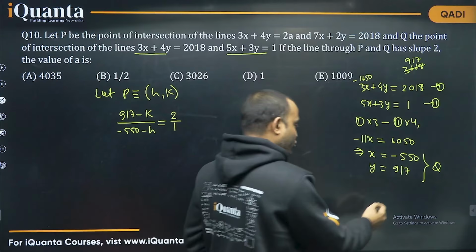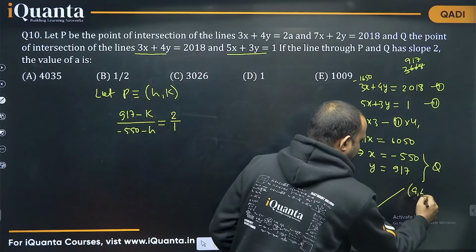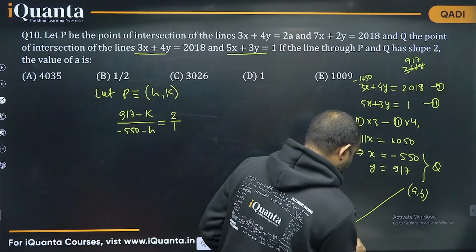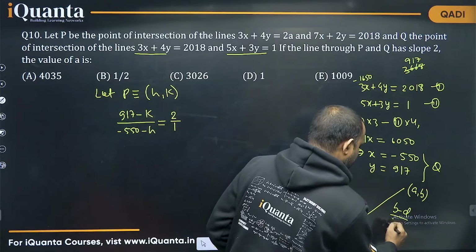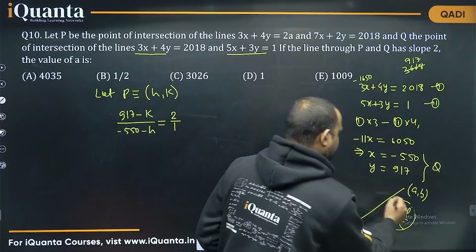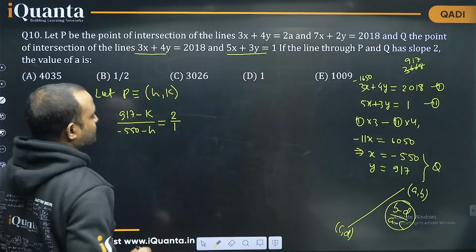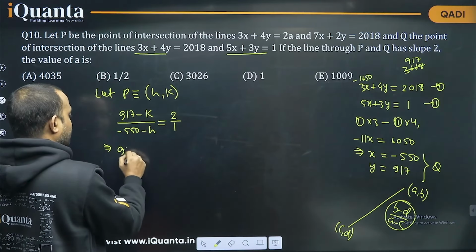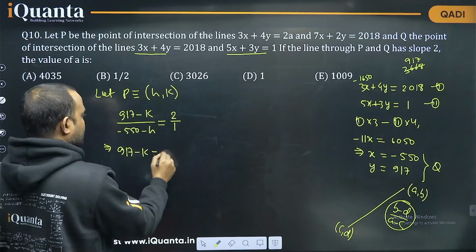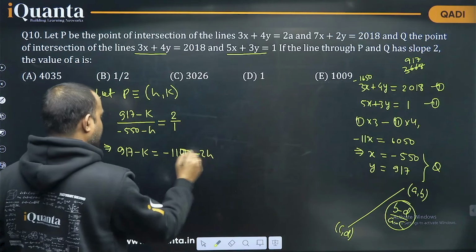If you have 2 points, one is (A, B) and other is (C, D), how do we find the slope of this line? B minus D upon A minus C. This is what I am doing here. So 917 minus K upon minus 550 minus H is equal to 2 upon 1, or 917 minus K is equal to minus 1100 minus 2H.